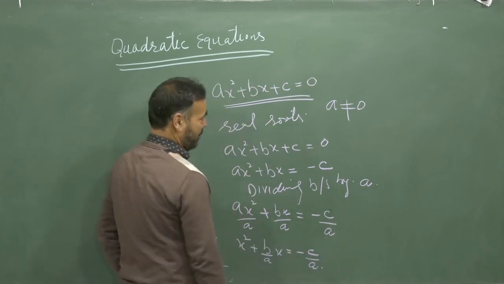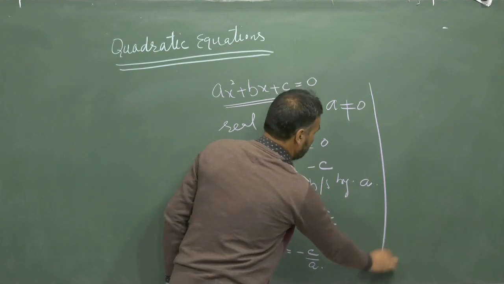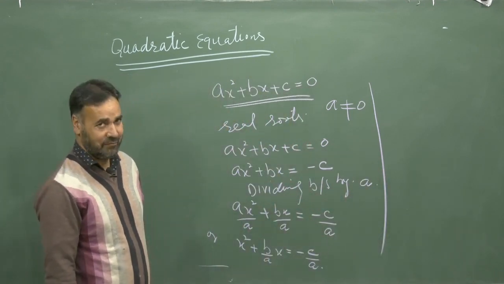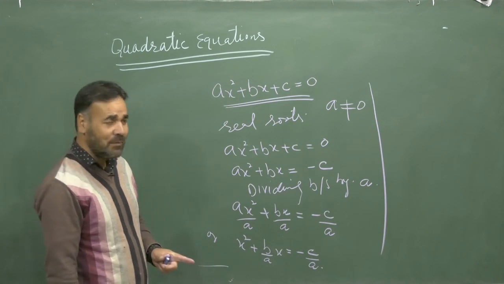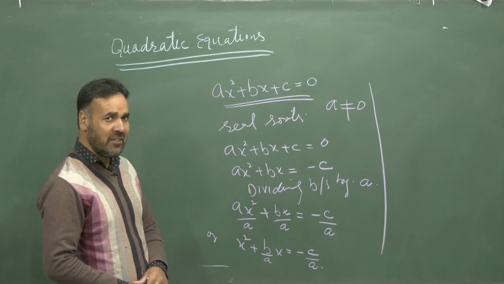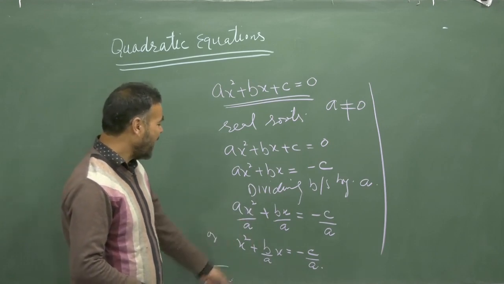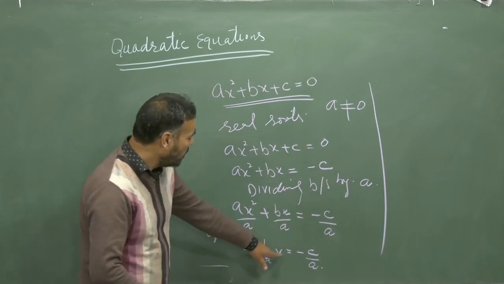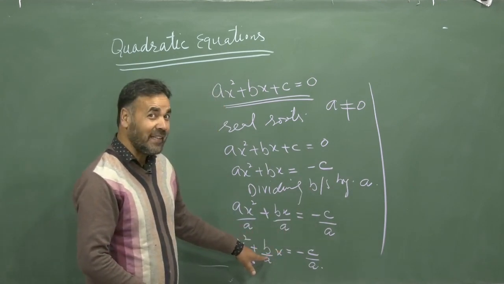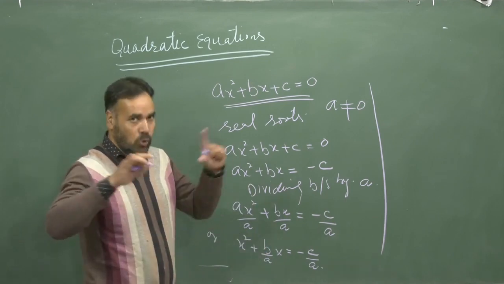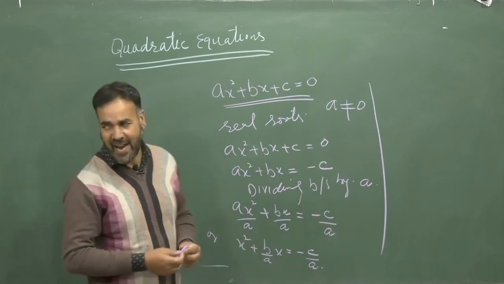Now the next step. This is actually the method of completing the square. So in the first step, we have to make the coefficient of x² as unity, and in the second step, we have to add half of the coefficient of x, whole square, on both sides.